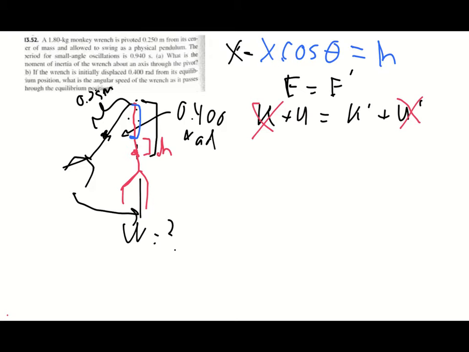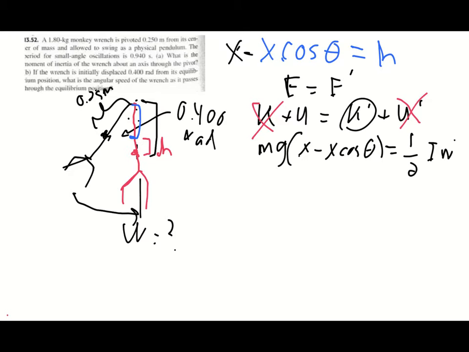So we can solve for this. It's going to be mg times x minus x cosine theta, and that's going to be equal to the kinetic energy at the bottom. Again, it's not moving translationally. It's only moving rotationally, so it's only rotational we have to care about. So it's one half I omega squared.